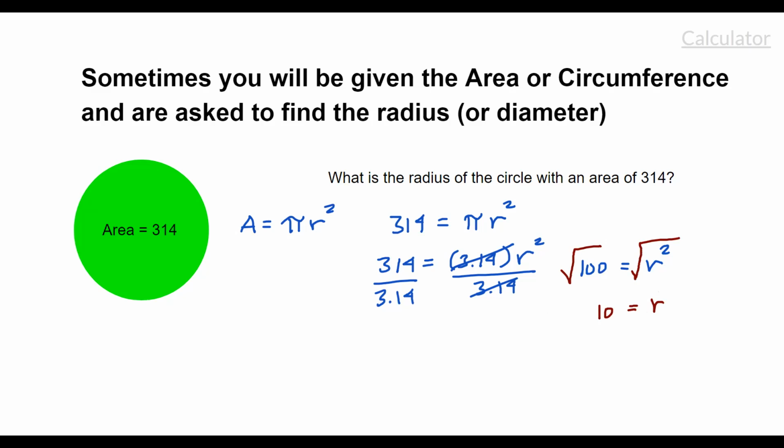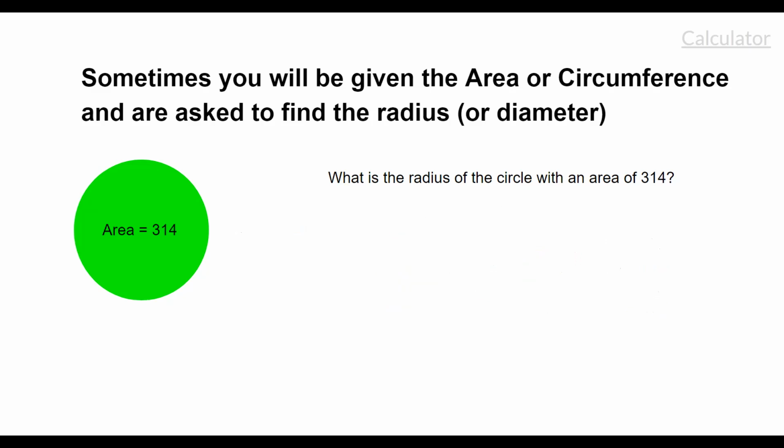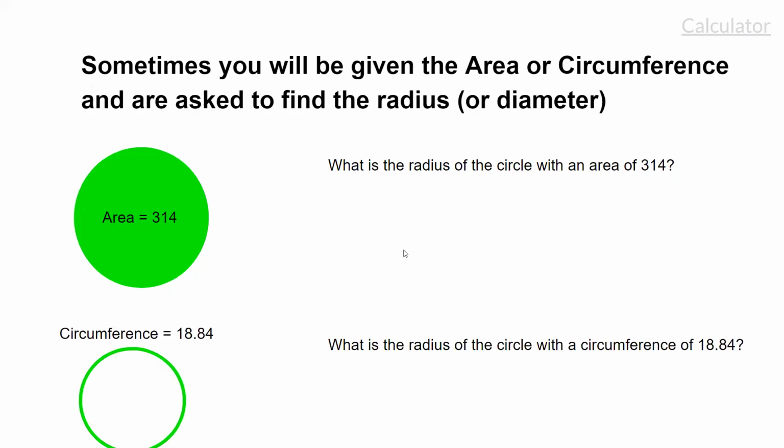So if you want to review that again, take another look at this video, but we're going to move on now to a similar question involving the circumference. In this case, we know the circumference and we want to find the radius. So we first get our formula.